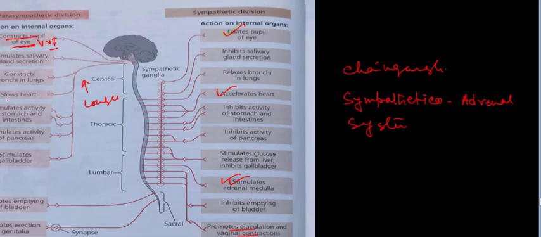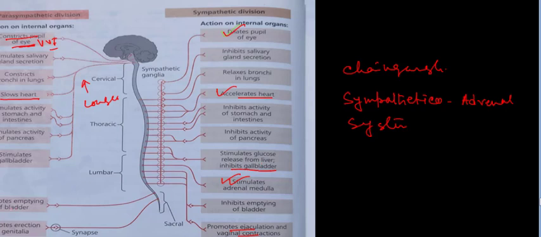The parasympathetic division slows the heart, and the sympathetic division accelerates the heart rate. The parasympathetic division stimulates the activity of the stomach and the intestine, but the sympathetic division inhibits it. The parasympathetic division stimulates the activity of the pancreas, but the sympathetic division inhibits it. The parasympathetic division stimulates the gallbladder, while the sympathetic division stimulates glucose release from the liver and inhibits the gallbladder.